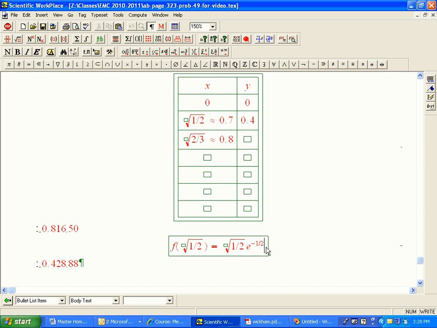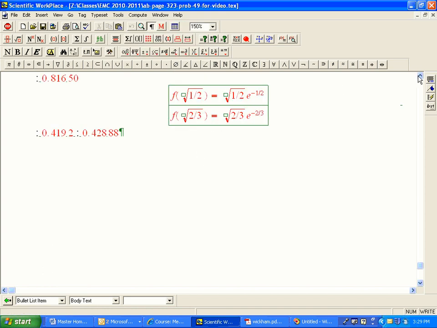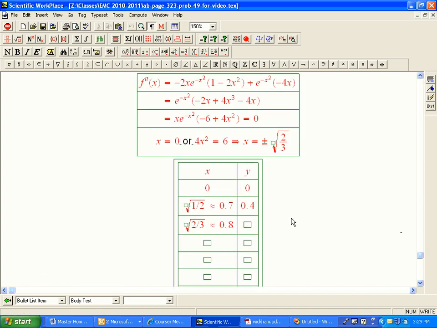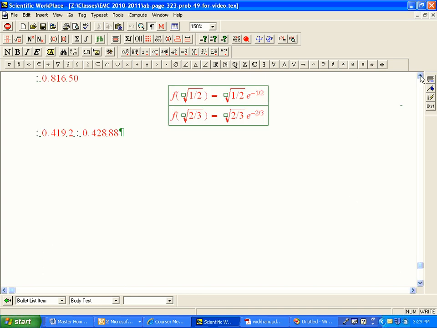And then we have to plug that in. F of root 2/3 equals root 2/3 times e to the minus 2/3. Plug that in. And about 0.4. That's a little suspicious. That's actually rather suspicious.